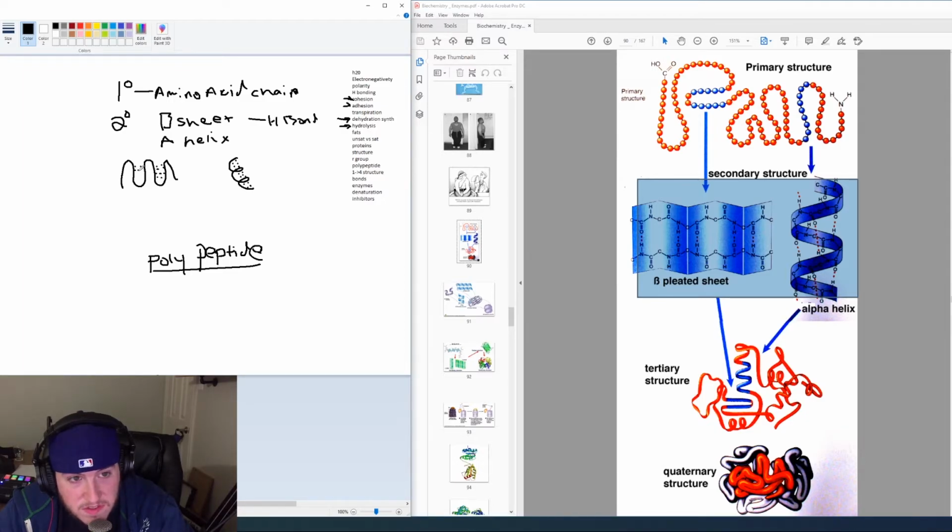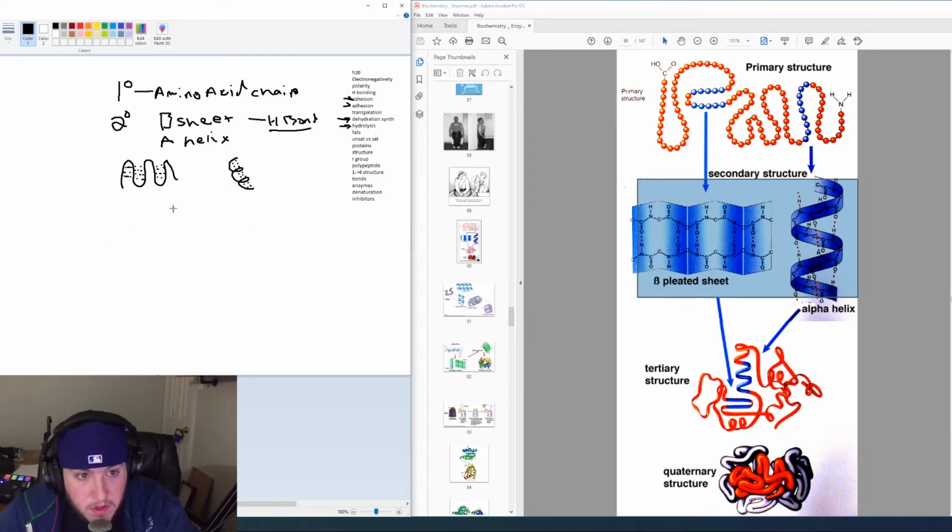This provides some structure to our protein. It makes it a little more sturdy and not as likely to break down and go back to our original primary structure chain. So here we have hydrogen bonds coming back into play.